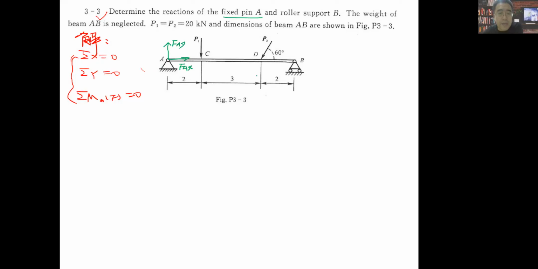FAX. And at point B, we know that the type of constraint is roller support. That means this type of constraint will allow this part to move along the X direction. So it only has one direction of reaction force.